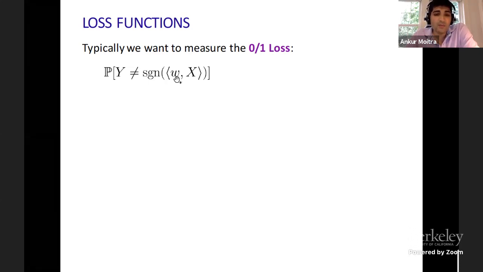The hypothesis that W defines is: I take my example vector X, take its inner product with W, and take the sign of that. That spits out a +1 or -1. And I want to know how often that agrees with the true label Y that I see. This is the 0-1 loss because either you get 0 loss because you got the right label, or you get a loss of 1 because you got the wrong label.